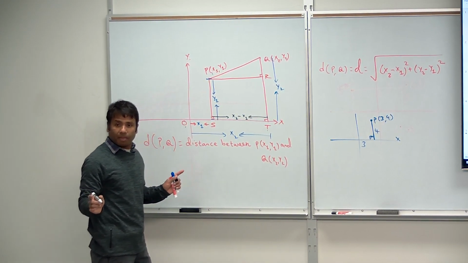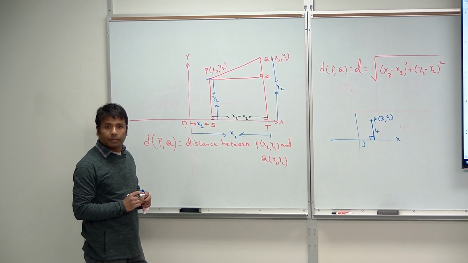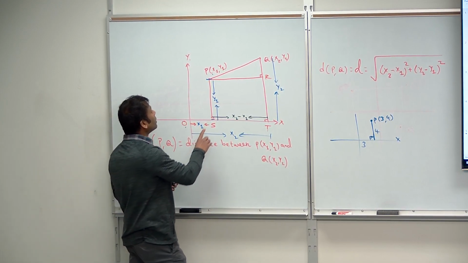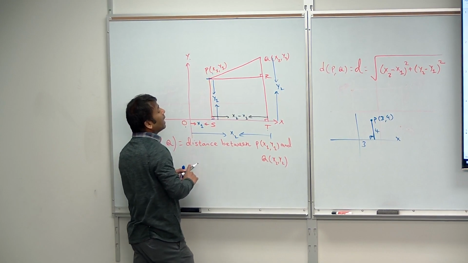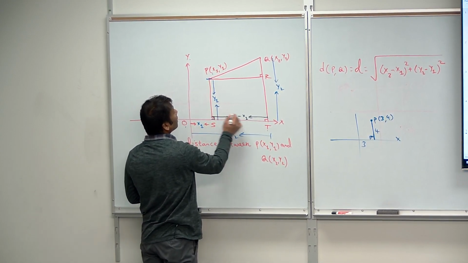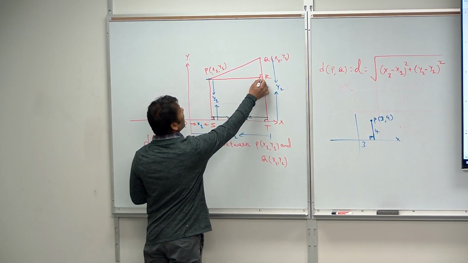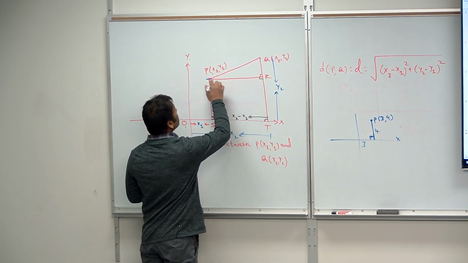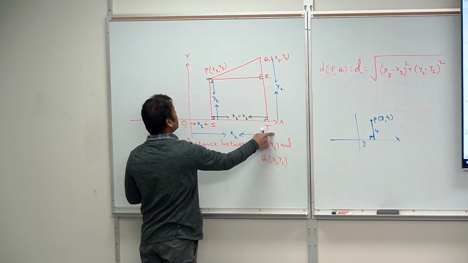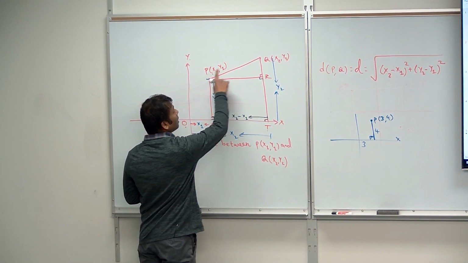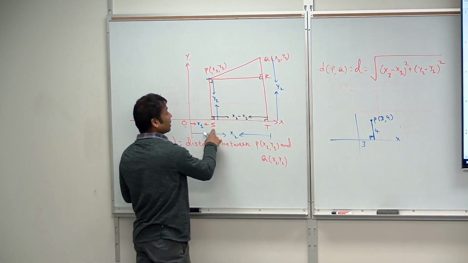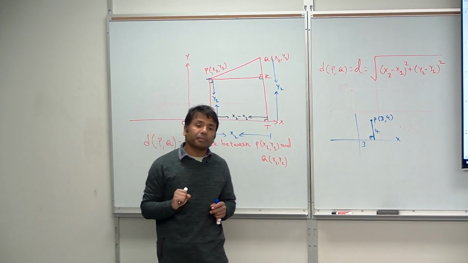That makes sense, right? So you see PS is y1, and in this figure this is a right angle, this is a right angle, this is also a right angle, so it should be a right angle. So PRTS is a rectangle, is that right?